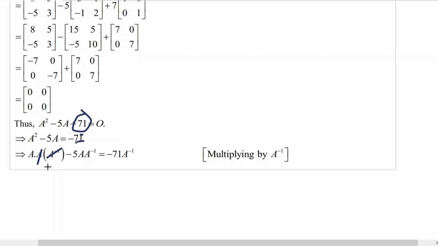It is I, and I into A is A. So only A will be remaining here. Similarly, A into A inverse will be I, right? And this is only the inverse. So here A into I, that is I, minus 5, A into I, that is A, 5 into I will be 5I, and 7I into A inverse will be A inverse.